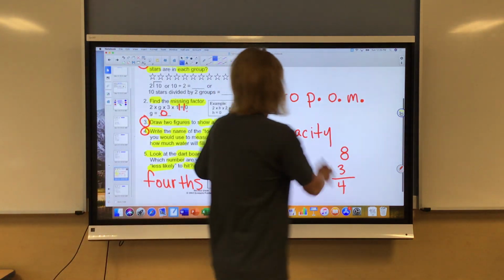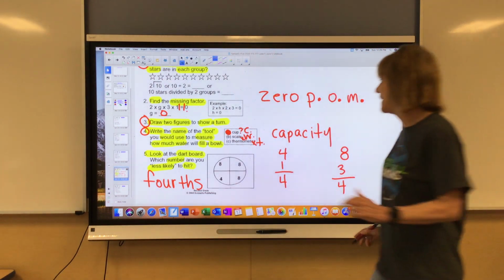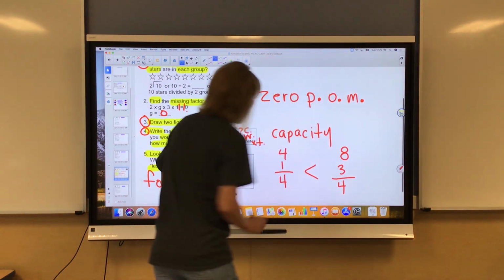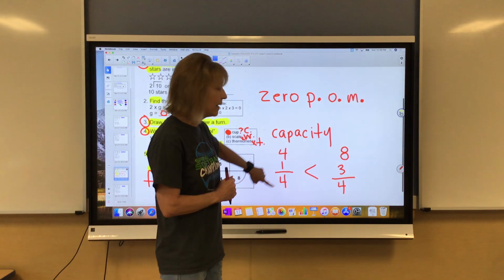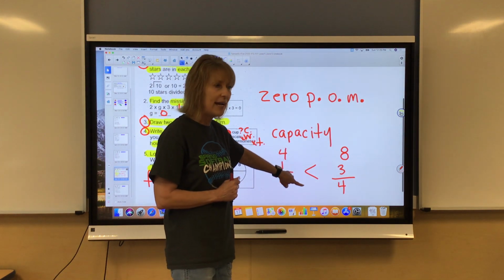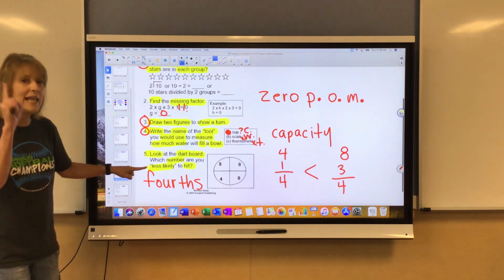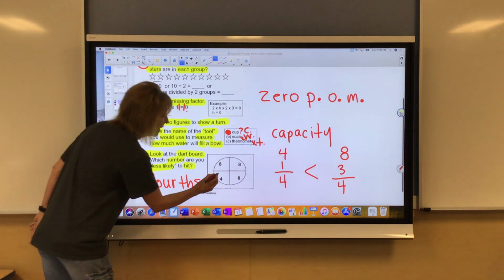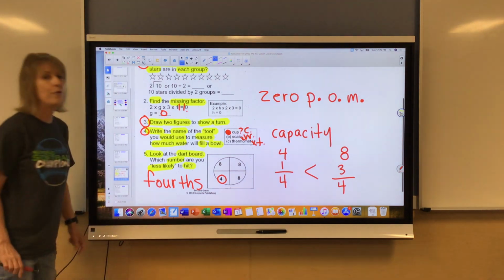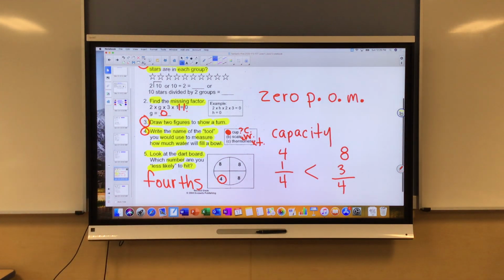So we're going to do our alligator mouth is going to eat the bigger number. I know 1/4 is less than 3/4. So what am I less likely to hit? I'm going to come right there and circle 4. I am less likely going to hit a 4 on that dartboard.